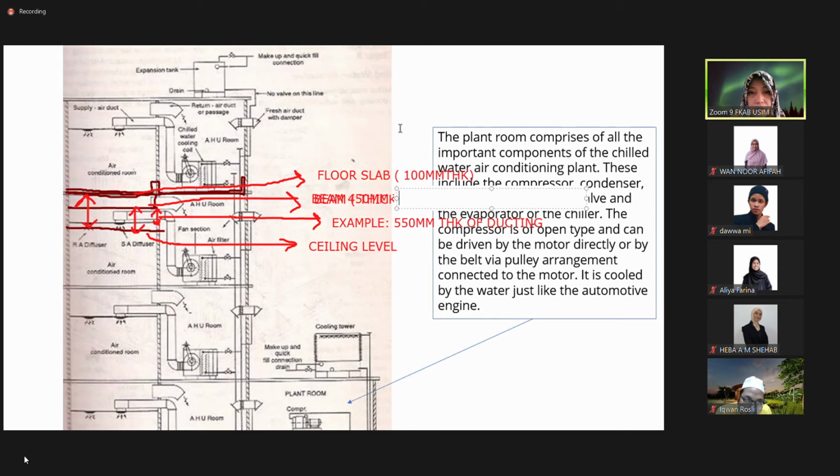I need to erase first. Okay, remember, you cannot punch a hole at the beam because this is already structure. You cannot touch structure. Tak boleh lubangkan beam tu. Roboh bangunan.